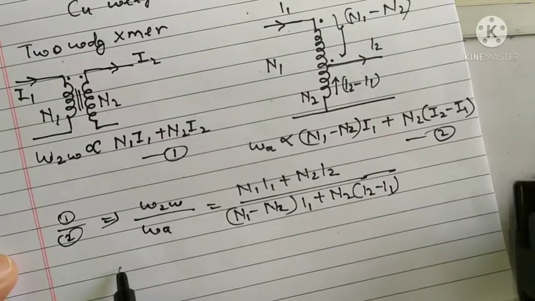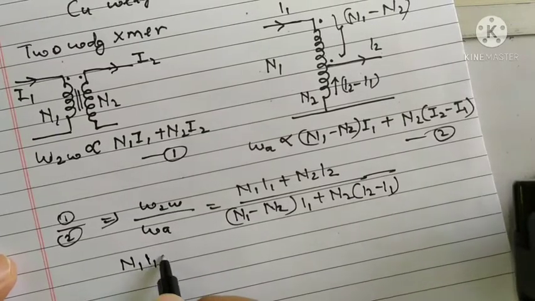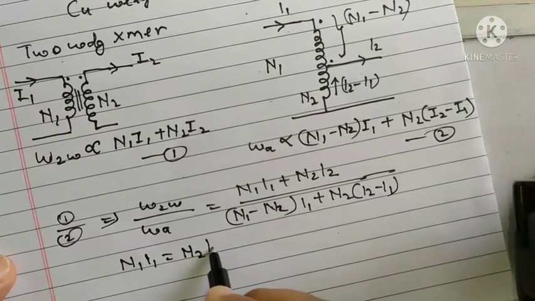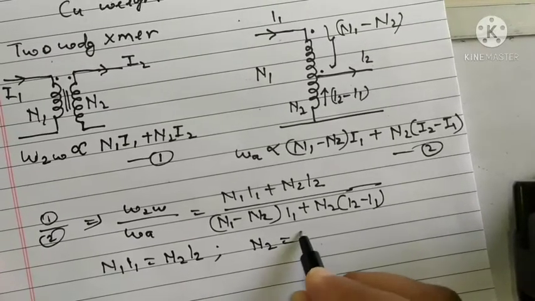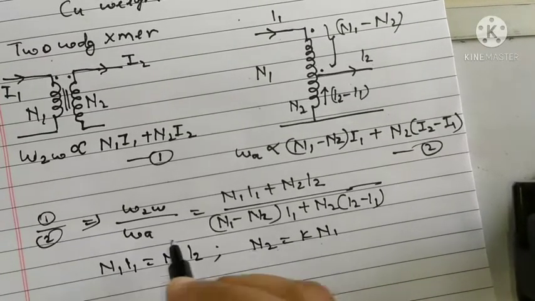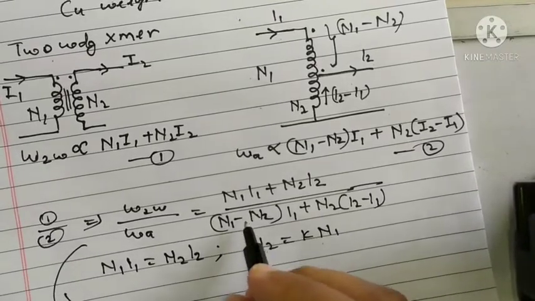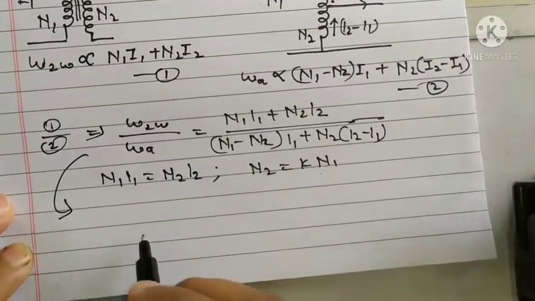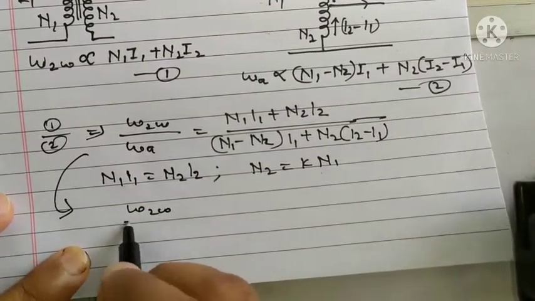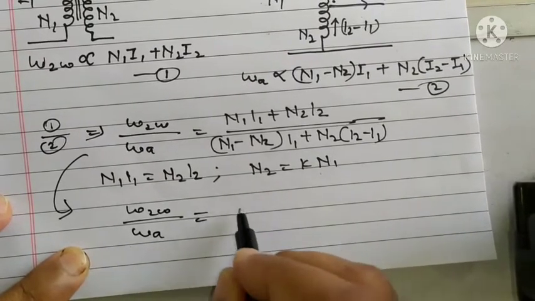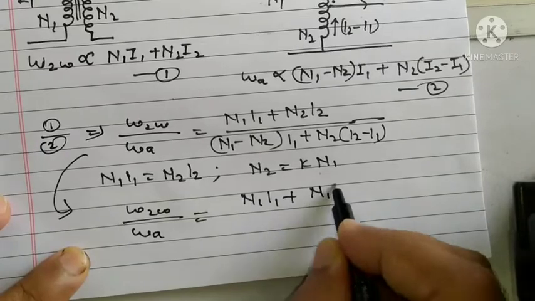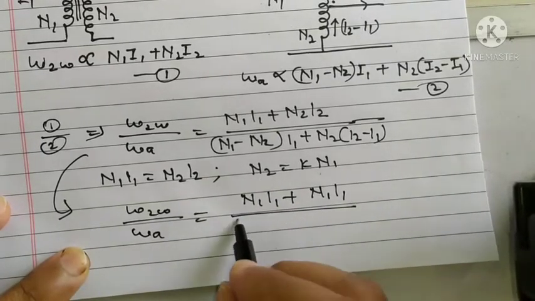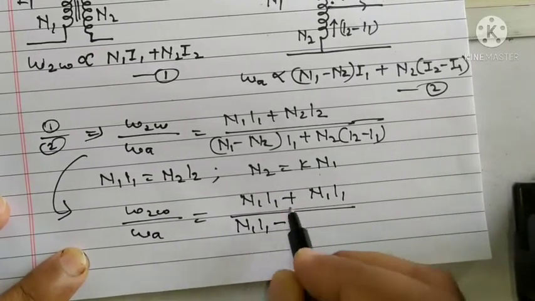We know N1 I1 equal to N2 I2, and we also know N2 is K N1. So replace them here. So this W2 winding by W auto will be N1 I1 plus N1 I1. Open it. It will be N1 I1 minus N2 I1.